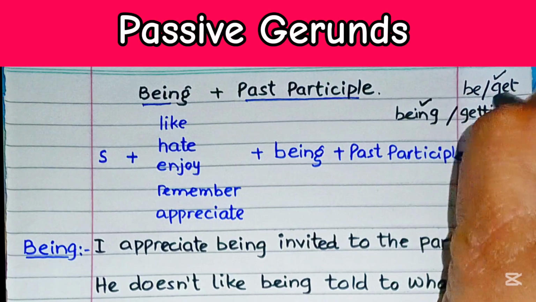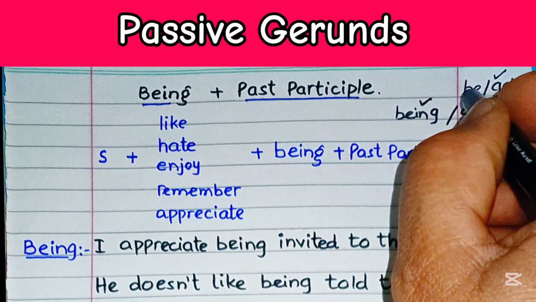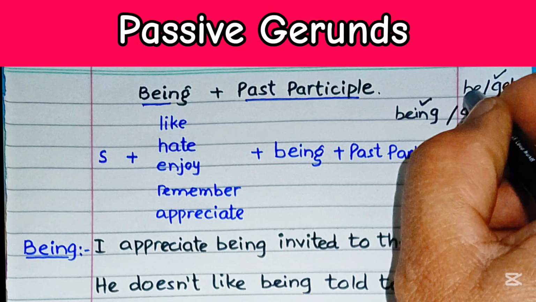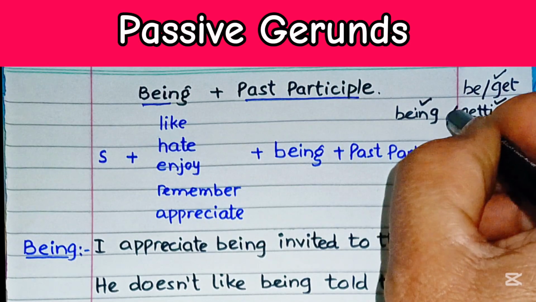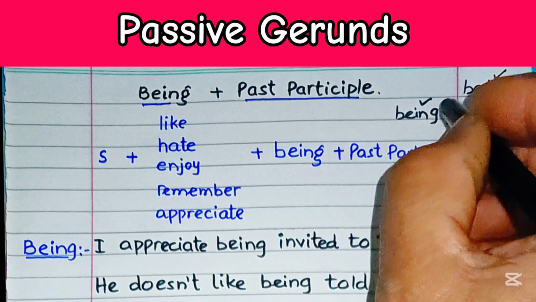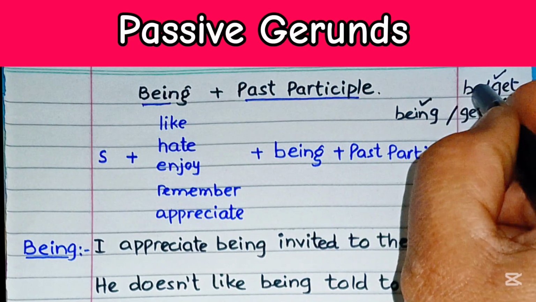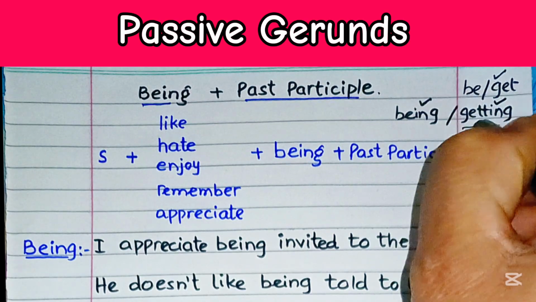Being and getting, both of them can be used to convert active into passive. So it is possible to use the verb get as a gerund in this format, getting.